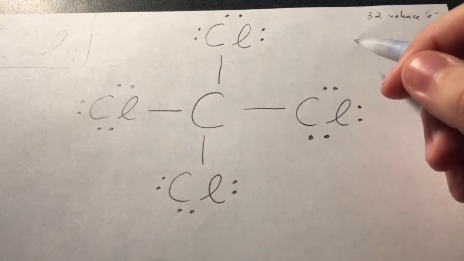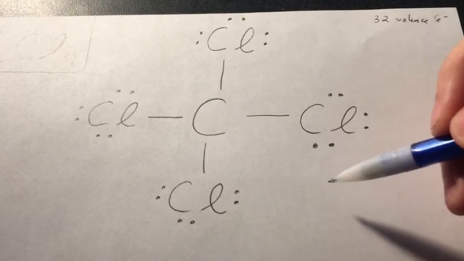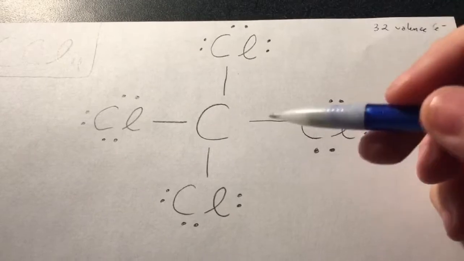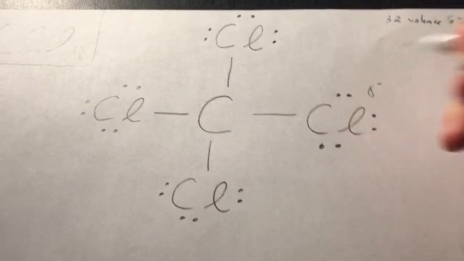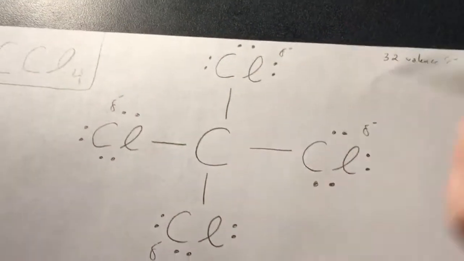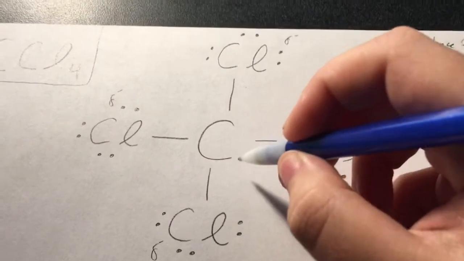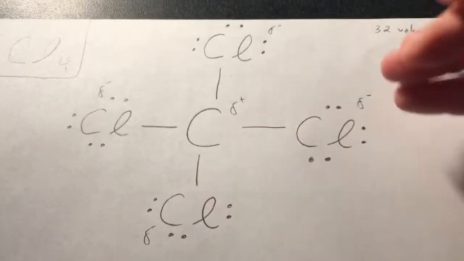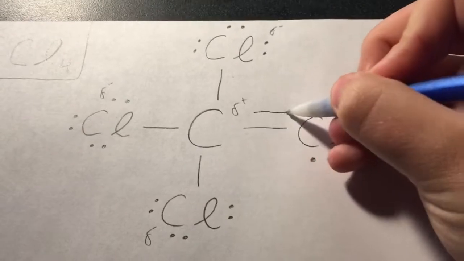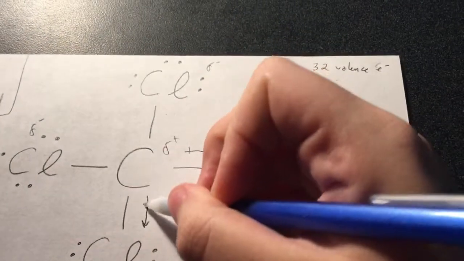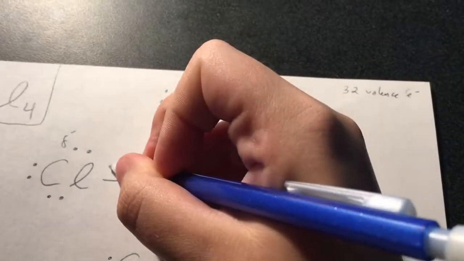Now, looking at the periodic table, we can identify the partial charges as the chlorines having the higher electronegativity than the carbon. So they get the partial negative charges. The carbon atom in the middle gets the partial positive charge. So when we draw the bond dipoles, we know that they're going to be going to the outside toward the chlorine atoms.